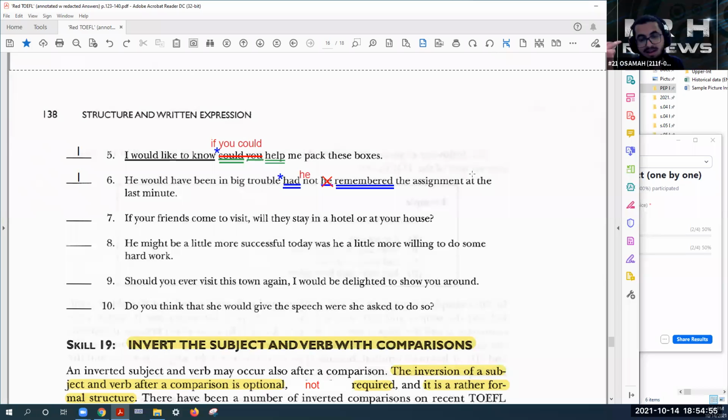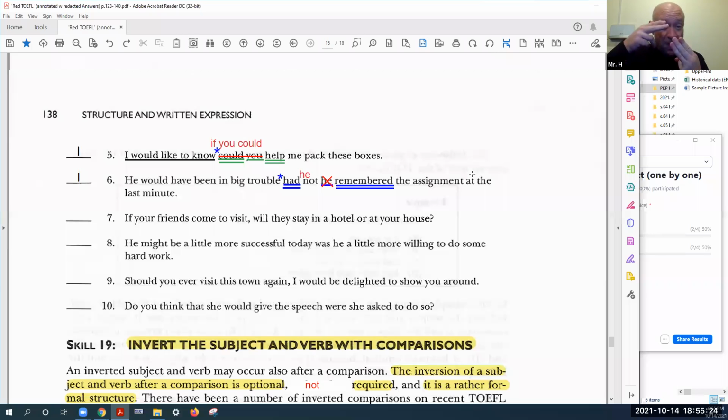Why not after the subject? Because this is how we invert. When we invert, you put had, should, or were first, then directly the subject. Directly, okay? This is the rule. Had, should, or were, okay?